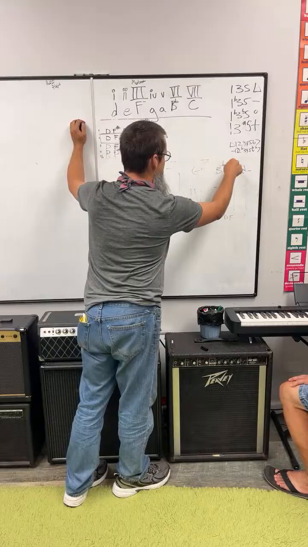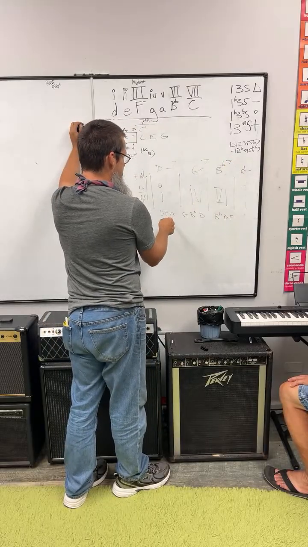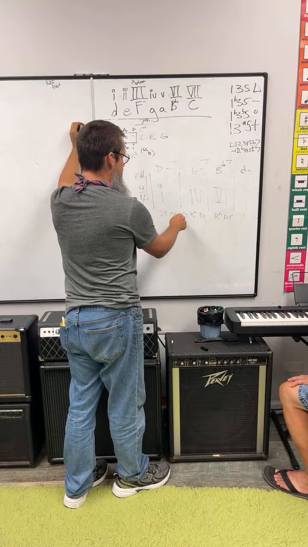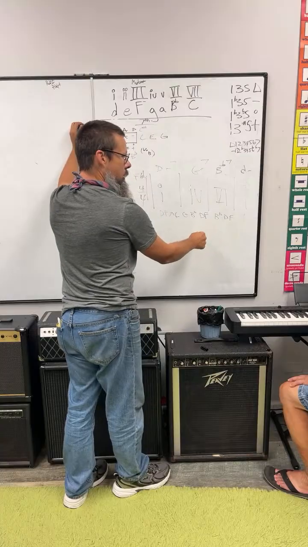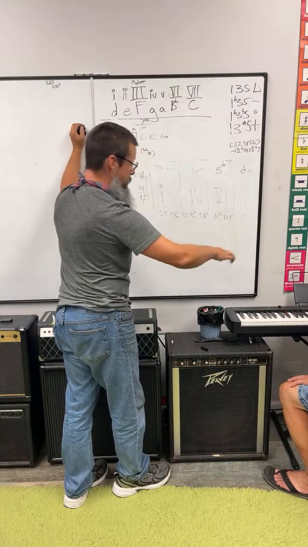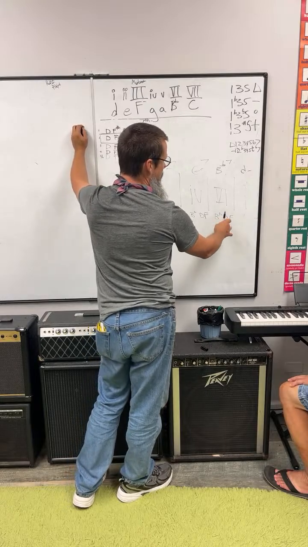D minor 7, G minor 7, B dominant 7. What is that in the key of D? It's the C. What is that in the key of G? It's the, because we're viewing it through the eyes of the major. Should have been F major, F sharp. Now it's F natural. And then in B flat, we've got what?